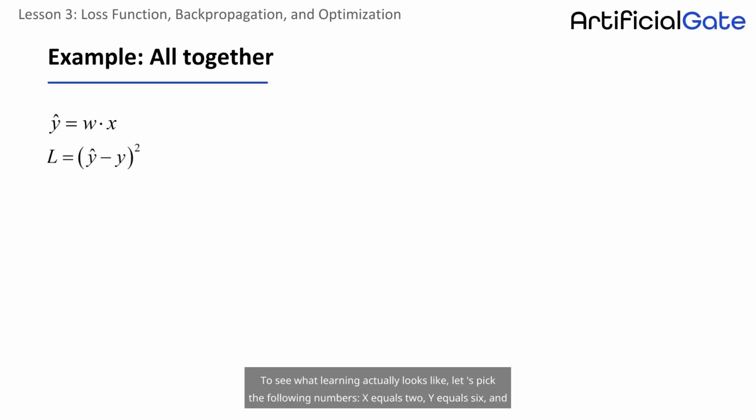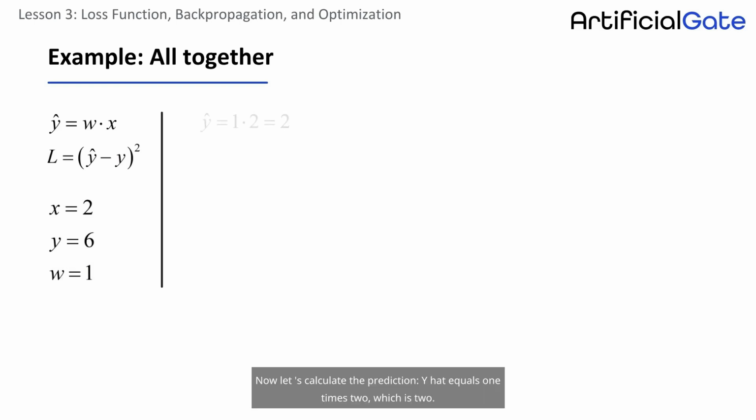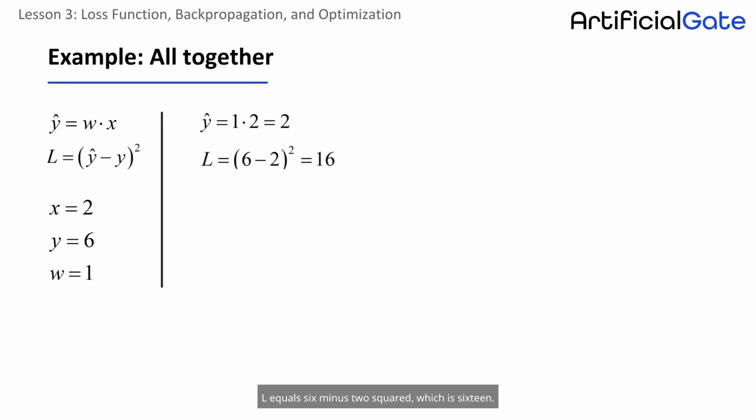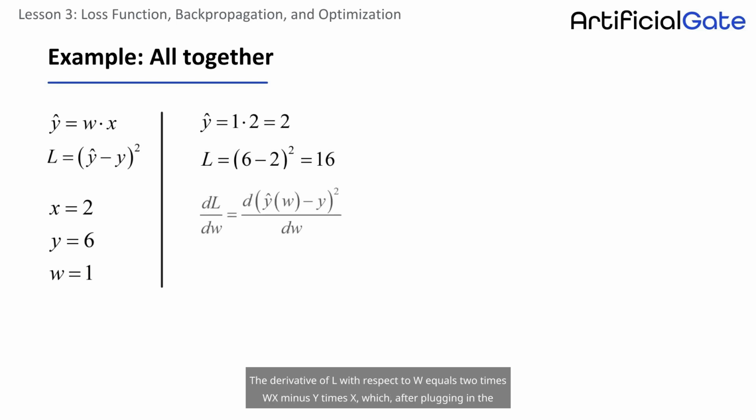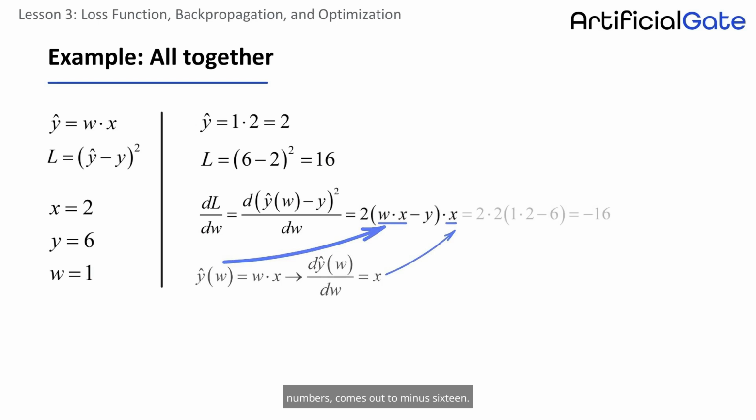To see what learning actually looks like, let's pick the following numbers: x equals 2, y equals 6, and w equals 1. Now let's calculate the prediction. Y hat equals 1 times 2, which is 2. L equals (6 minus 2) squared, which is 16. The derivative of L with respect to W equals 2 times (Wx minus y) times x, which, after plugging in the numbers, comes out to minus 16.